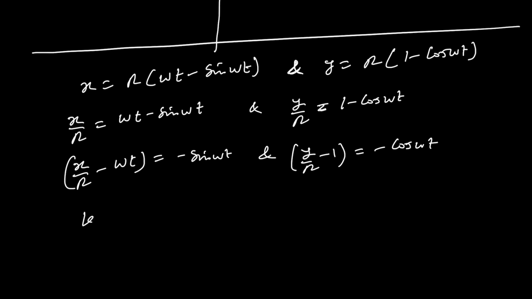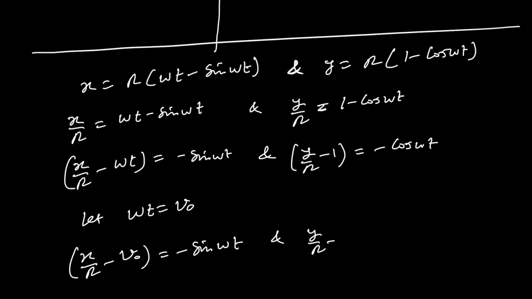Now let omega t be equal to v naught. So x by r minus v naught is equal to minus sine omega t, and y by r minus 1 is equal to minus cos omega t, and let's give them the names x and y.